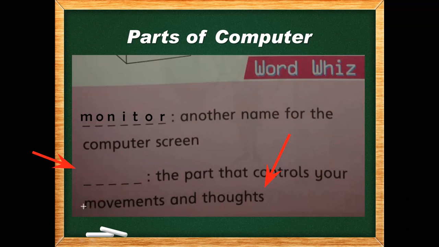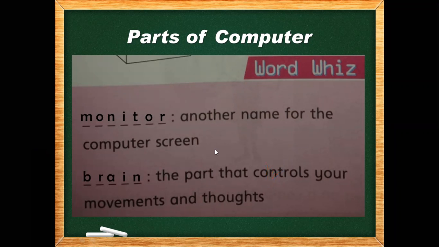Hassan, you can unmute yourself now. Tell me the spelling of brain, please. Okay, it's okay. Say with me: B, R, A, I, N. So it's brain. Good.